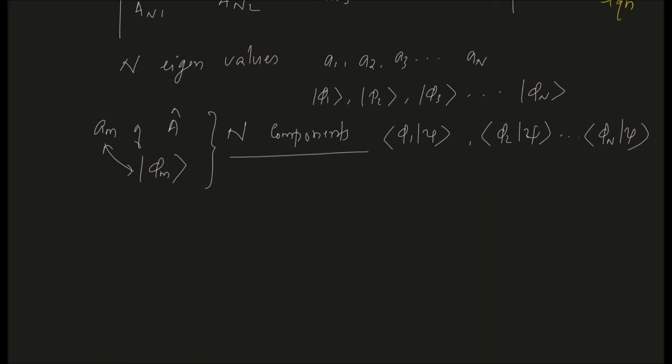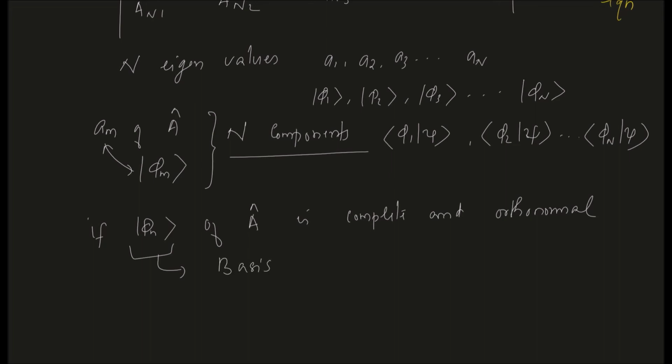So if the set of eigenvectors phi n of the operator A is complete and orthonormal, then this set can be used as a basis. It forms a basis for the expansion.